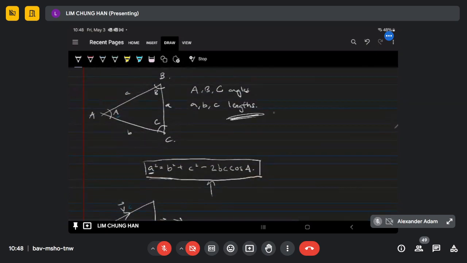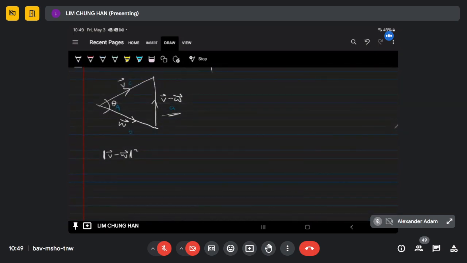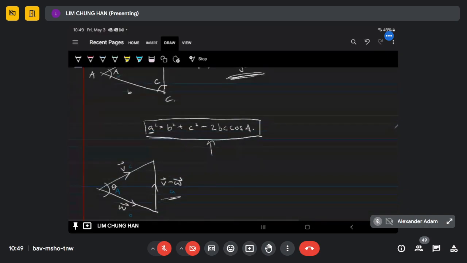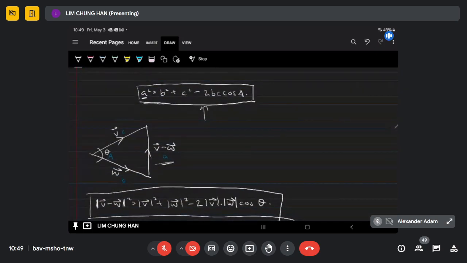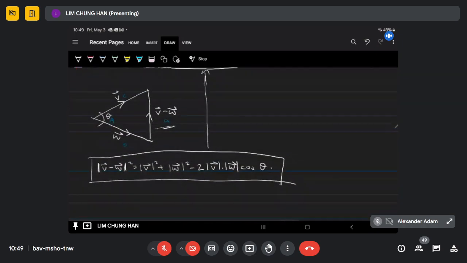That equals b squared plus c squared minus 2bc cos A, which is cos theta. This is the exact same formula as the one on top, except I replaced everything with vectors.